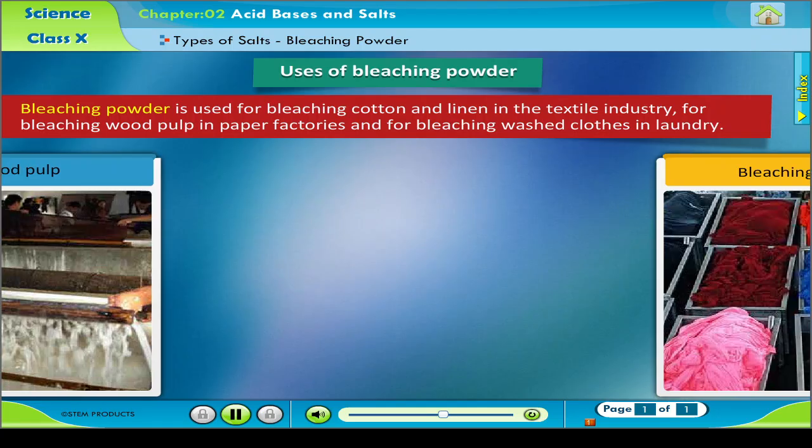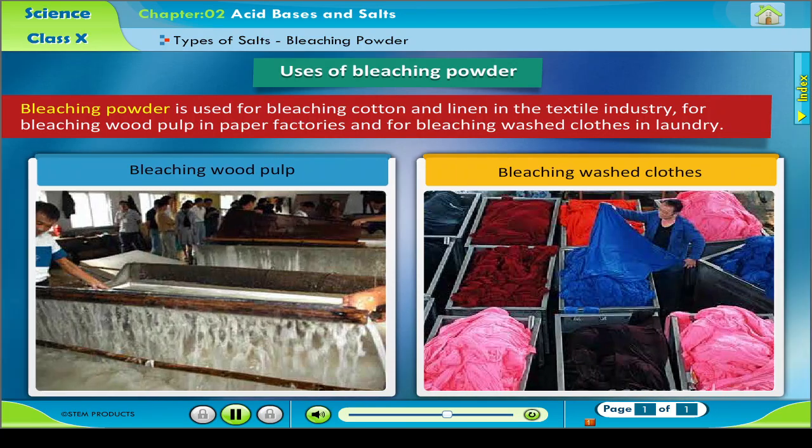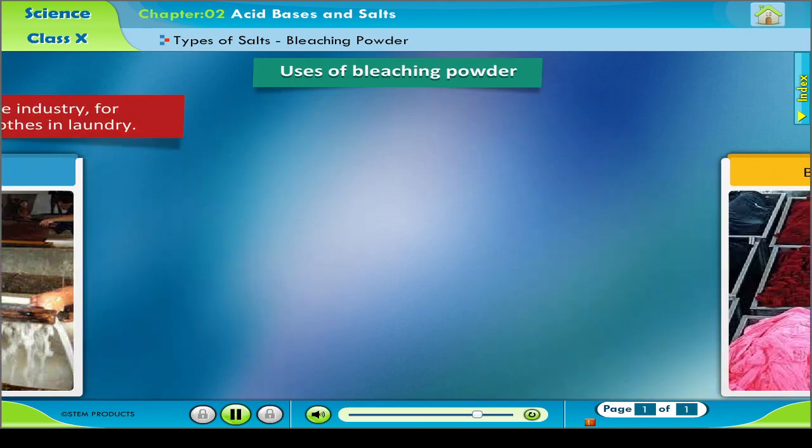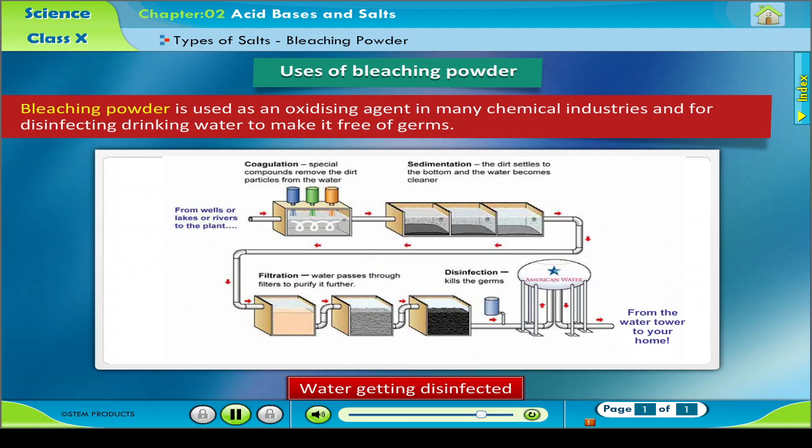Uses of bleaching powder. Bleaching powder is used as an oxidizing agent in many chemical industries and for disinfecting drinking water to make it free of germs.